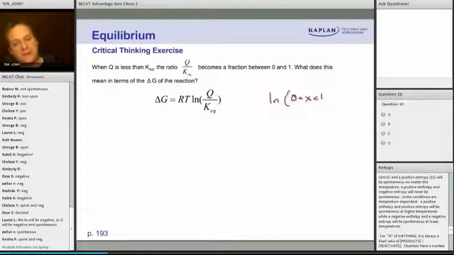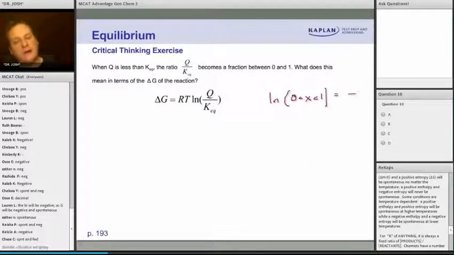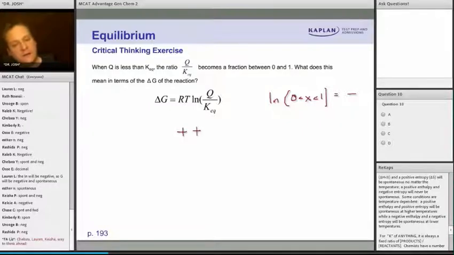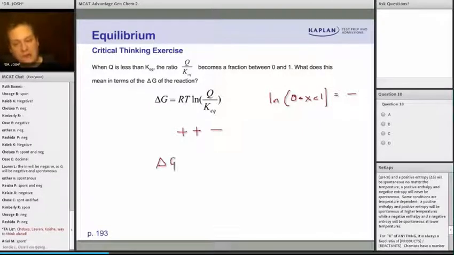We remember that the logarithm of a number between 0 and 1 is negative, which means we end up with a positive R and a positive T and a negative logarithm. Therefore, we get a negative delta G, and therefore it's going to be spontaneous.